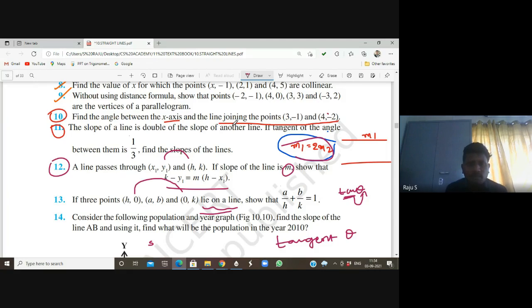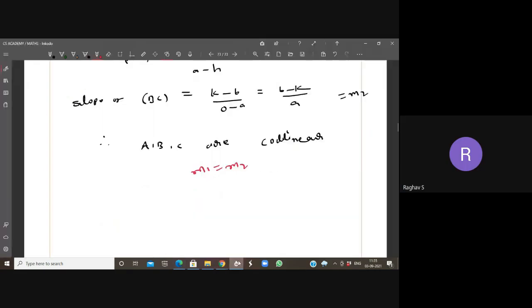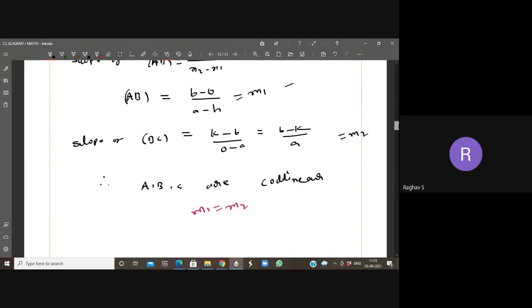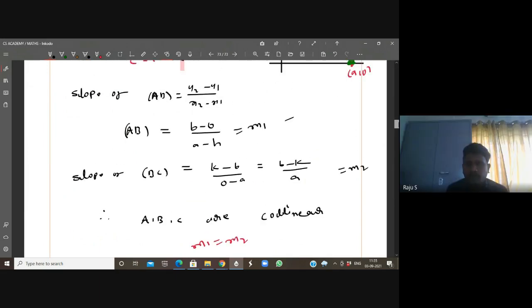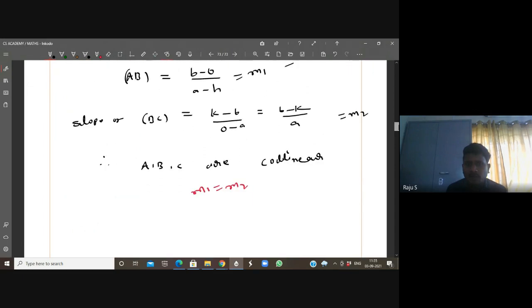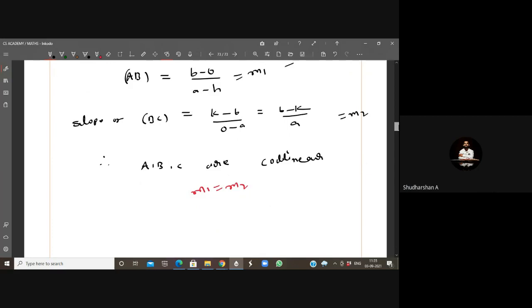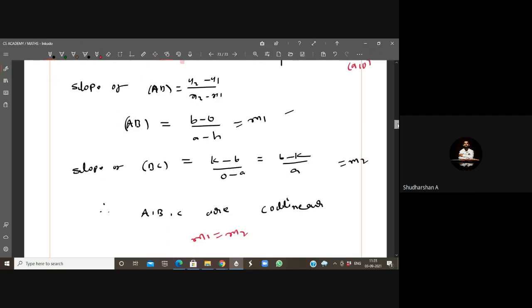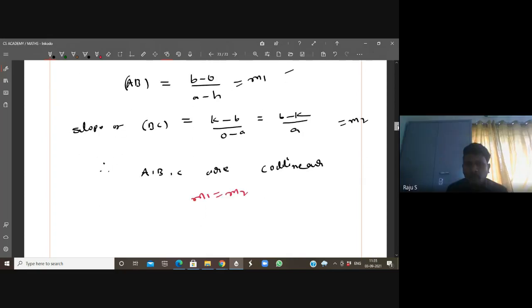Lies on the same line means collinear. Then directly we can equate M1 equal to M2, sir? Yeah, we can cross multiply now. First we want to know the M1 value. M1 value is what? If we cross multiply, we will get ab equal to ak minus kh, like that, sir. B by (a minus h).